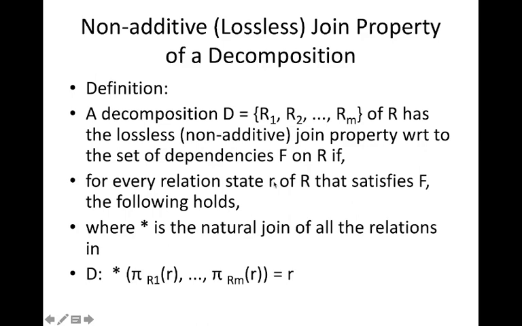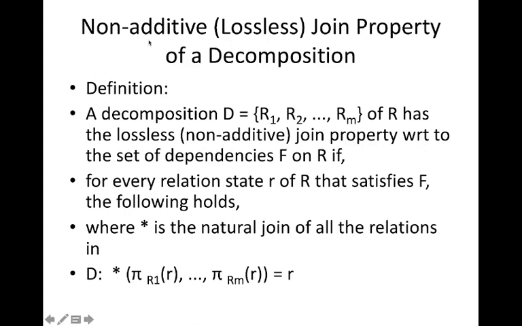Then we decompose that relation into R1 and R2. After that, if we join R1 and R2 with a natural join, we should get the initial r itself, that is, the initial state. Whatever data was there should be there, and no new data should be added.